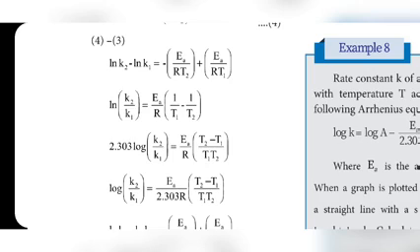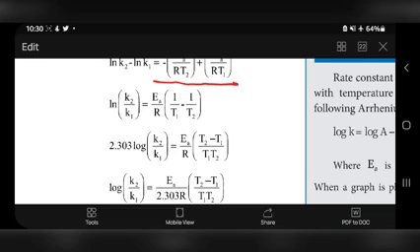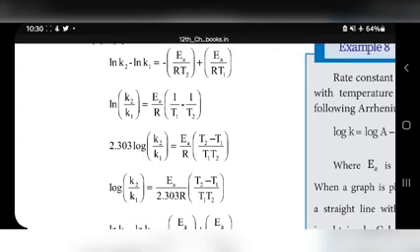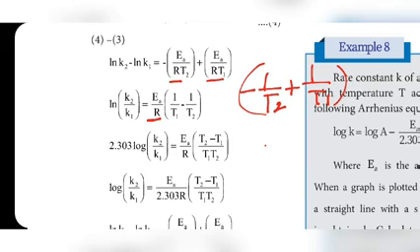So ln k2 by k1 is equal to, taking minus Ea by R as a common term, minus 1 by T2 plus 1 by T1. We can write the term as 1 by T1 minus 1 by T2.